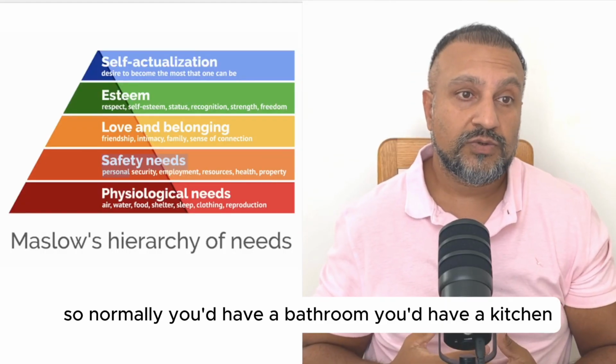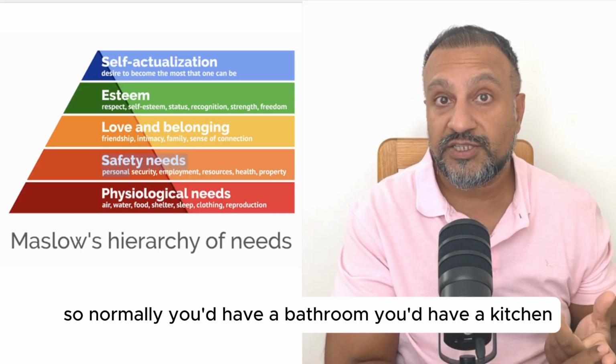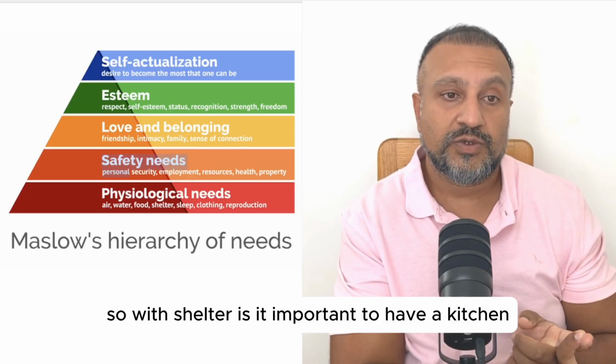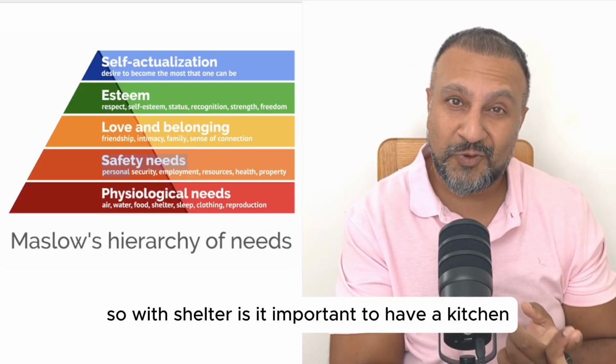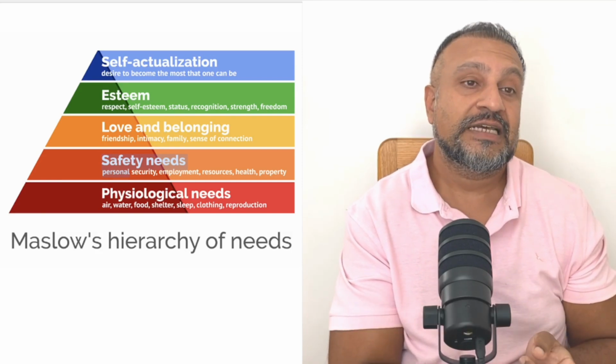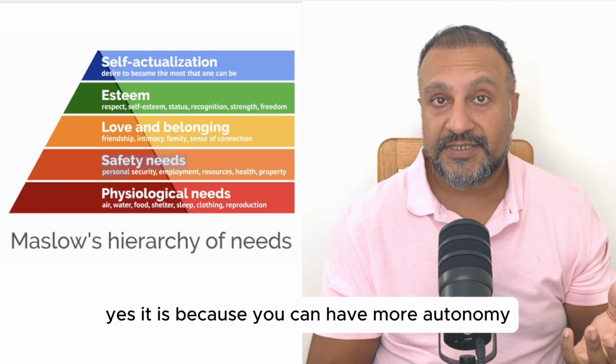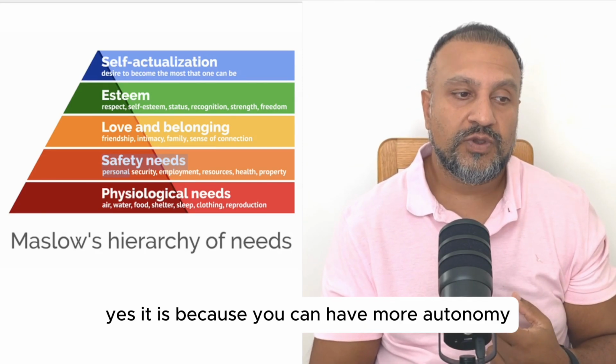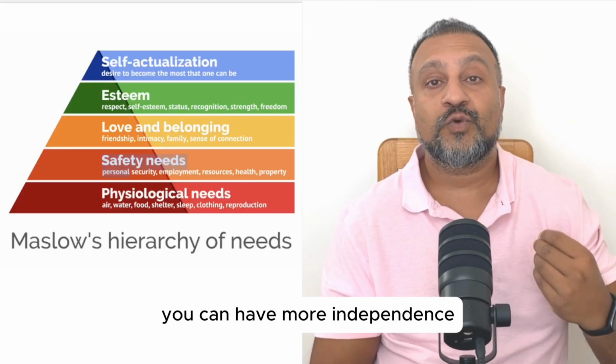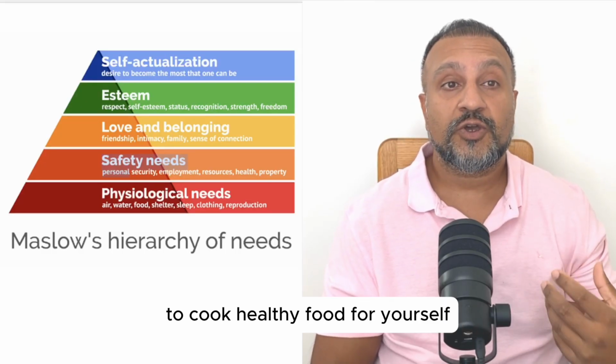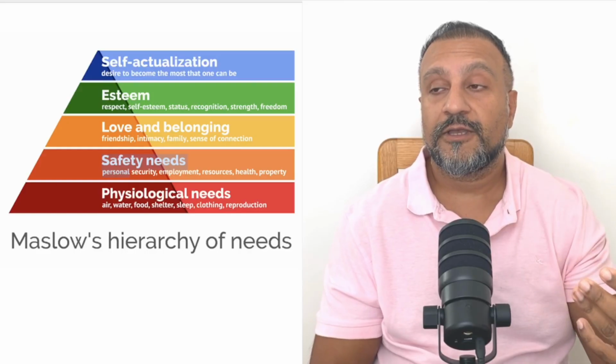Normally you'd have a bathroom, you'd have a kitchen. So with shelter, is it important to have a kitchen? On one hand, yes, it is, because you can have more autonomy, more independence to cook healthy food for yourself.